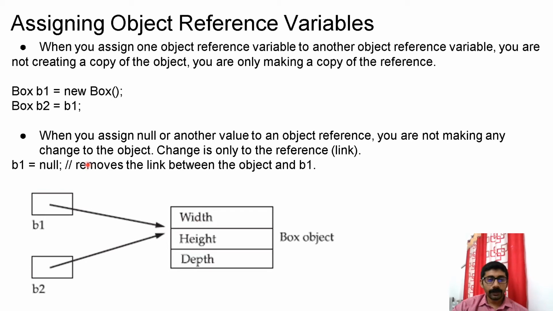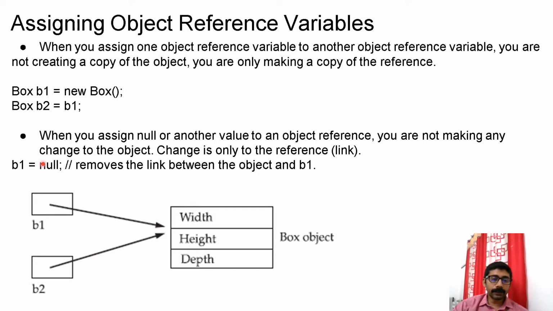That is the meaning. When you assign null or another value to an object reference, you are not making any change to the object. By assigning null to a reference variable, you are not deleting the object directly. The change is only to the reference, or the link. Just see the statement b1 equal to null. Here b1 is pointing to an object created in this part.